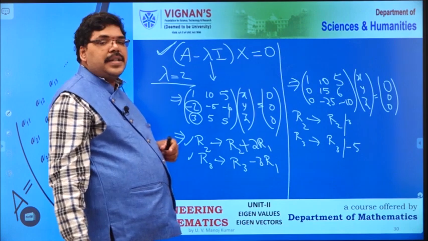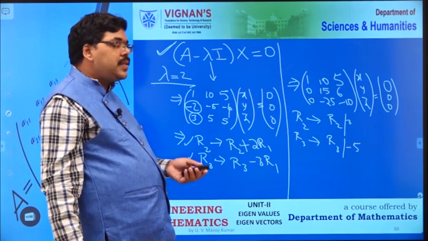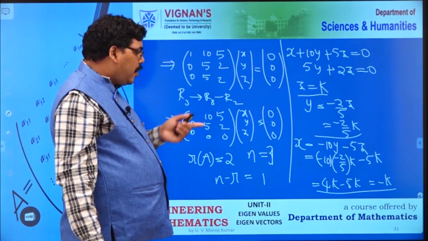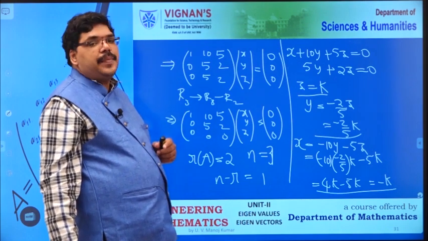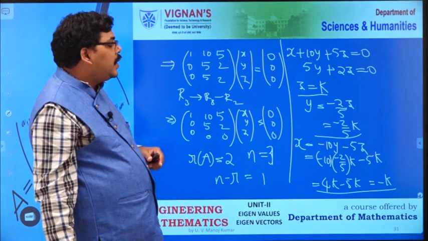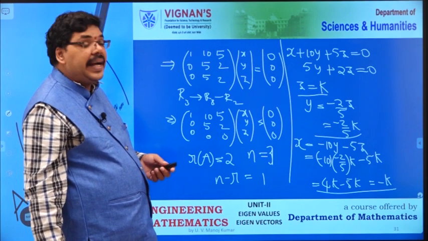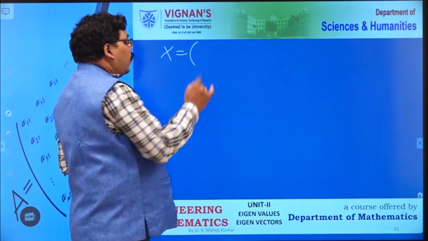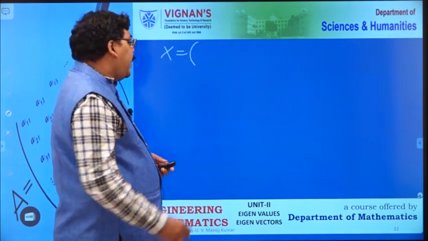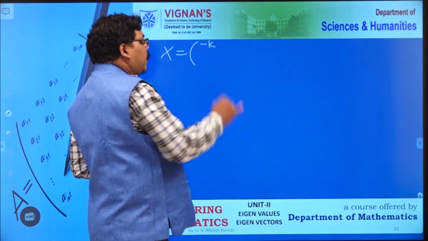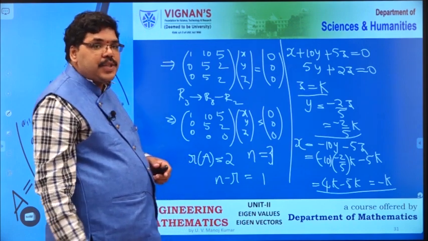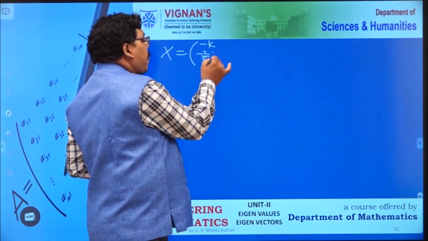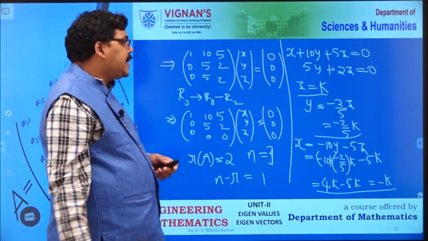Now this matrix is reduced into echelon form by suitable row operations. When we apply suitable row operations and solve them using the consistency and back substitution, we get these values. So what is the corresponding eigenvector? Capital X equals x is minus k, y is minus 2 by 5k, z is k.